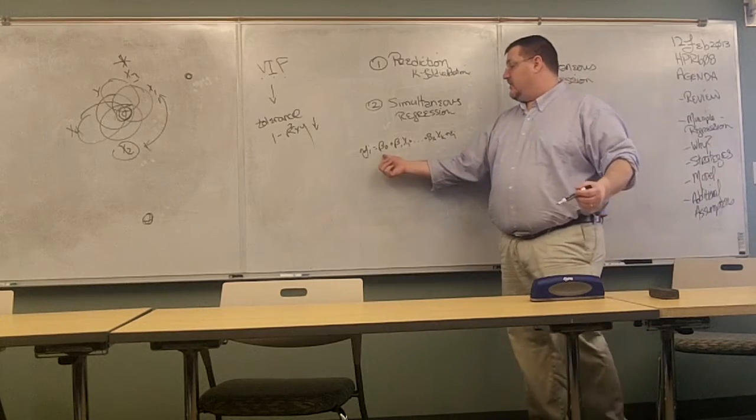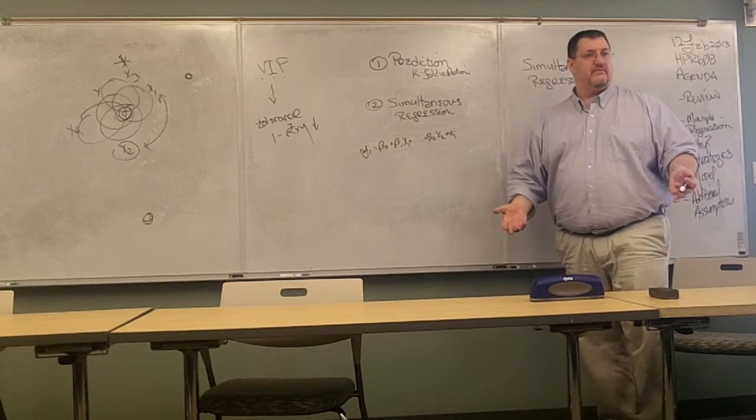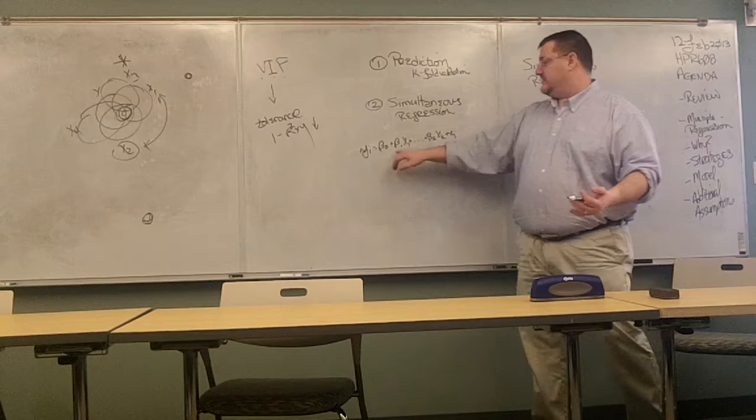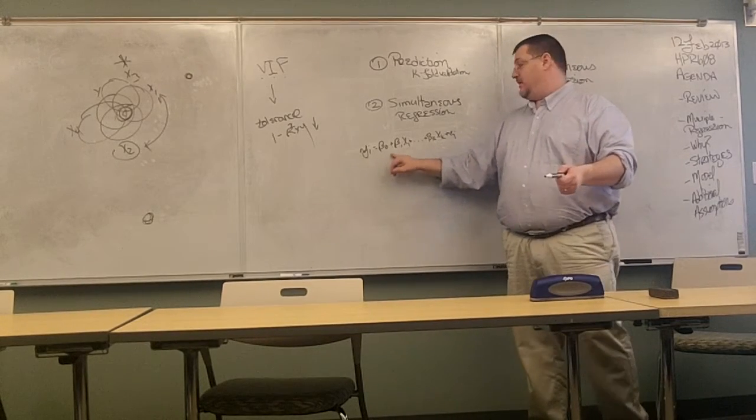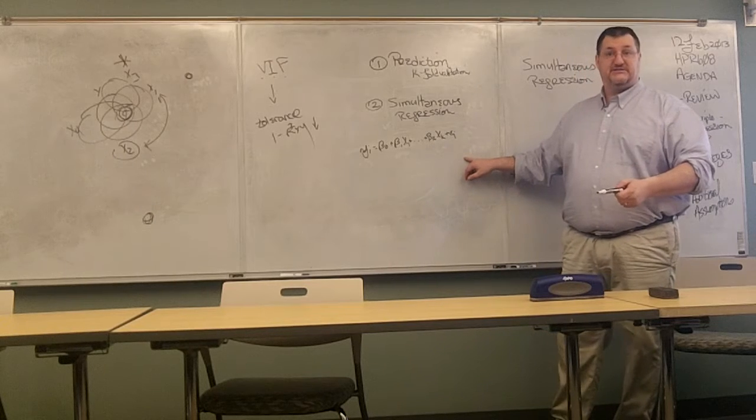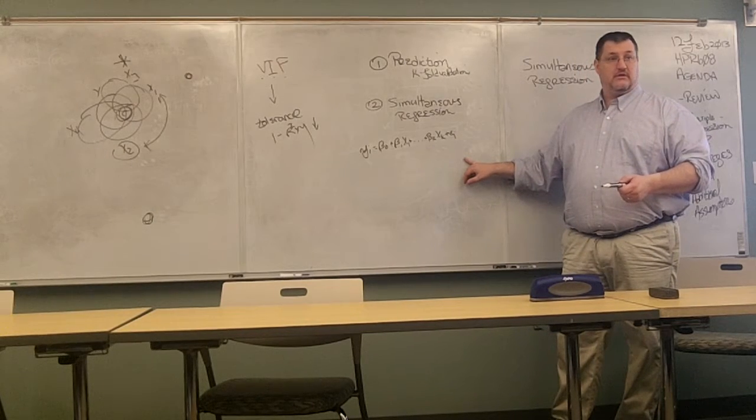So the beta 0 is still the y-intercept, and that is the expected value of y, except not when x is 0, but when all of the x's are 0. Right? When all of the x's are 0.